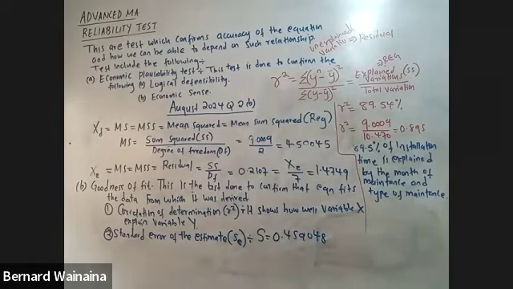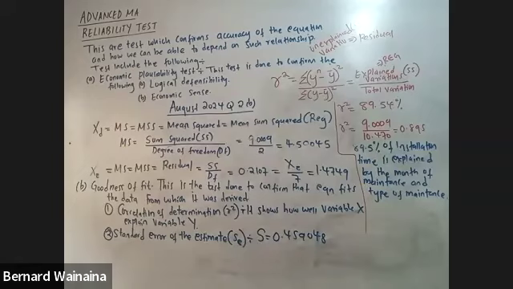So the amount of error that we can make after relying on the model to predict.